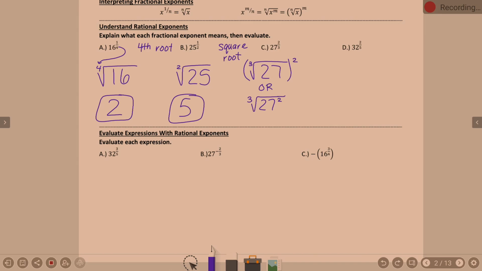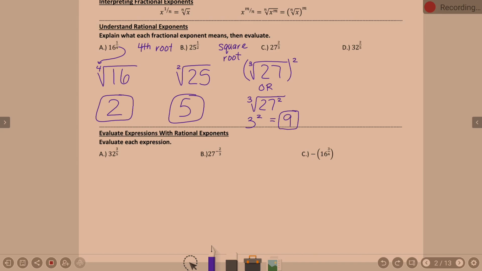It works either way. Me personally on this one, I can do this in my head because I know the cube root of 27, and then I can square that. What's the cube root of 27? 3. And so then if we do 3 squared, what's 3 squared? 9.